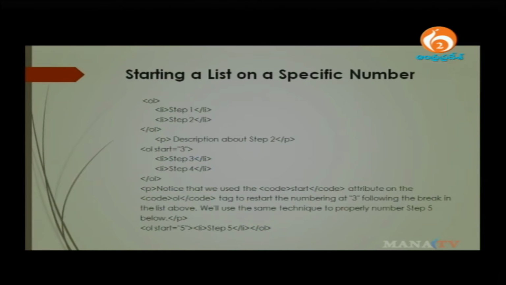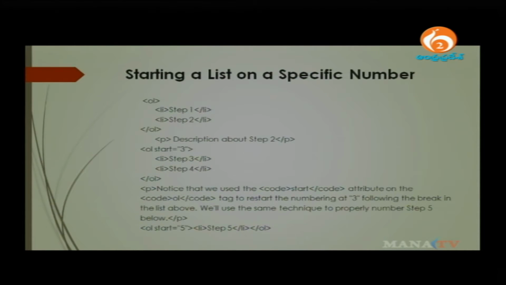The example here is an ordered list. This is also valid only for the ordered list. In the first place, the OL started with an ordered list, and step 1 and step 2 are list items, and then that ordered list is closed, and we wrote some description about step 2, and again another ordered list is started.